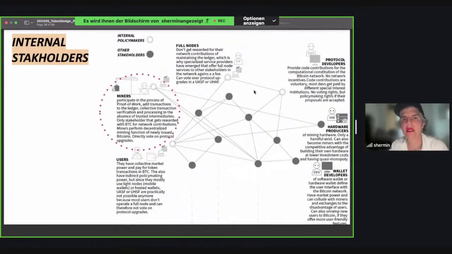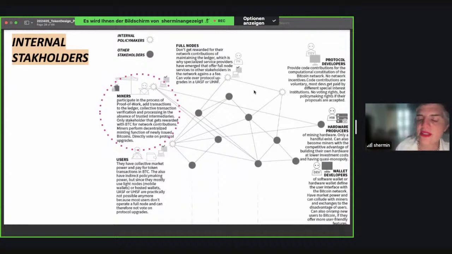Now, if you remember in our design thinking session last time, we said that the first thing that is important to do once you define the purpose, the political principles, and the functions that need to be fulfilled in your network, is to identify potential stakeholders and group them according to, for example, internal stakeholders and external stakeholders, or policymakers and other stakeholders, those who can write policy or vote over policy changes, and those who don't.